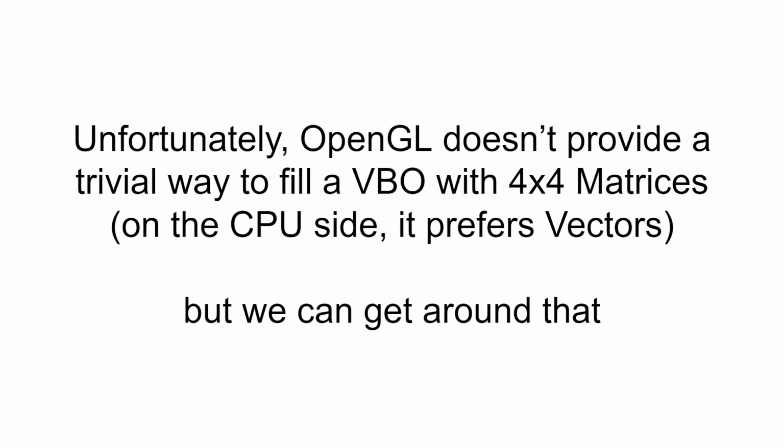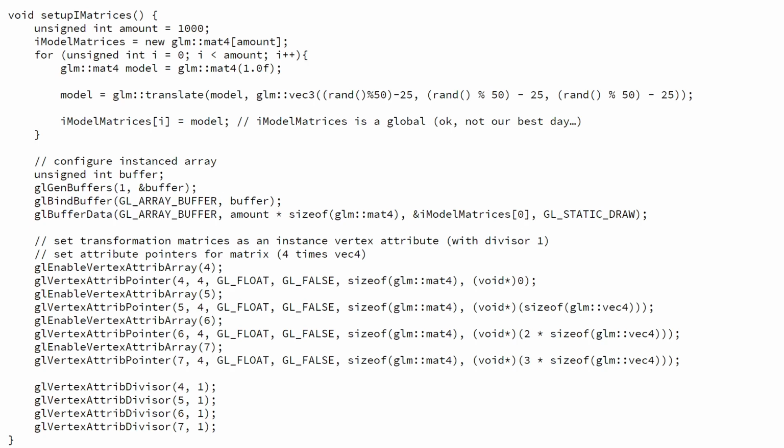OpenGL doesn't normally provide a trivial way to fill a VBO with 4x4 matrices. It likes to work in terms of vectors, vec3s, vec4s, which we've done. So it prefers vectors, but there's a way to get around that, which has become commonly known and commonly endorsed.